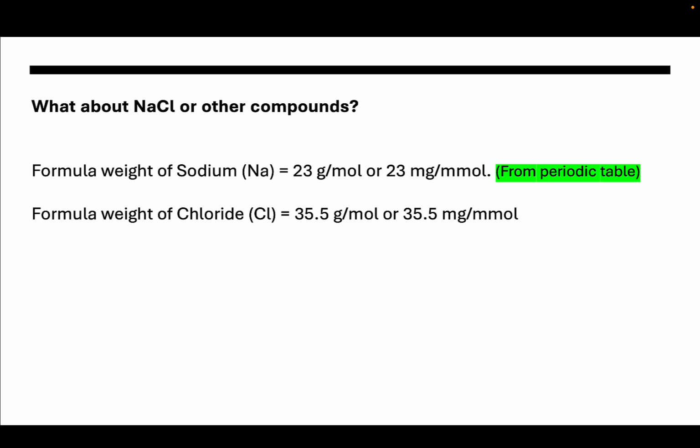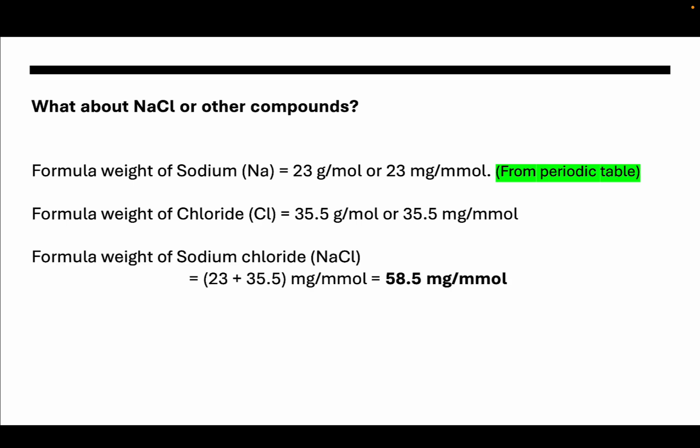If sodium is listed as like 22.999, between friends, 23 is just fine for this course, and makes the numbers simpler. Sodium chloride is 1 sodium and 1 chloride, so let's add them up: 23 milligrams per millimole plus 35.5 milligrams per millimole. Sodium chloride, which is both a sodium and a chloride, has a mass of 58.5 milligrams per millimole.